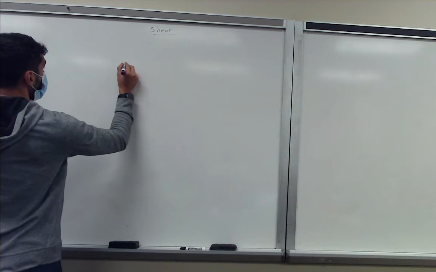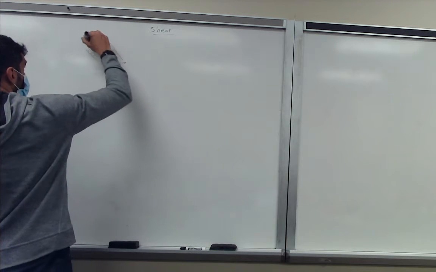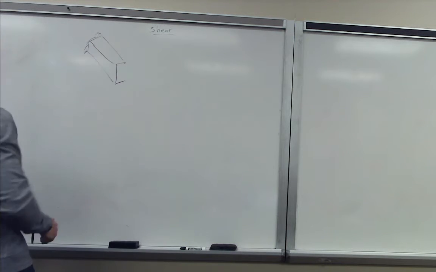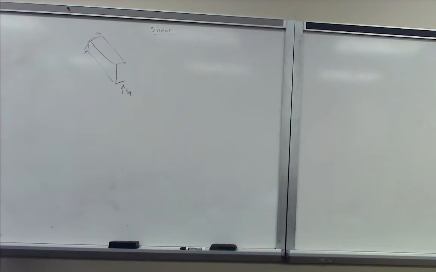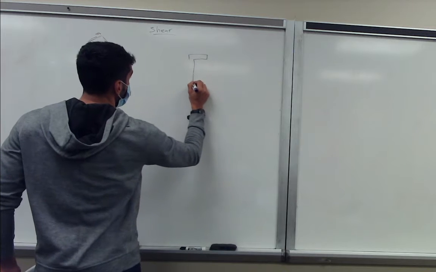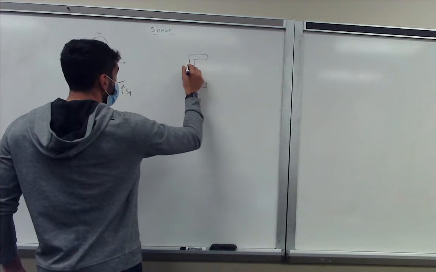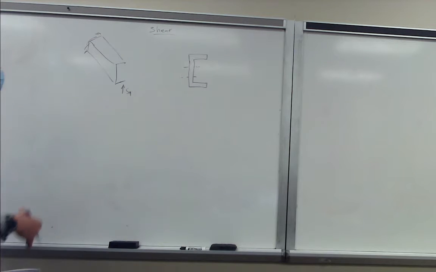So let's redraw a slightly different one. I'm going to draw a C section in this case, and it's clamped on this side. We have a certain force acting on it, Sy. If we take a cross section out of it, and assume a certain thickness to it, then at any section, if we take a small element out of it, we still have to meet the requirement of equilibrium.